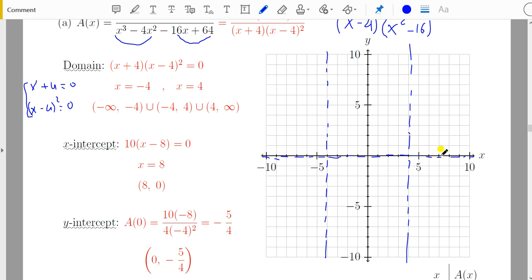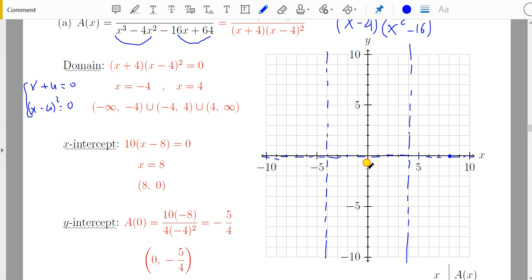5, 6, 7, 8, 0 is here. Yes, right here. Okay, and then the y-intercept is 0, minus 5 over 4. So minus 5 over 4 is around here.